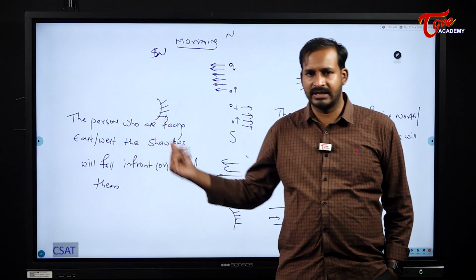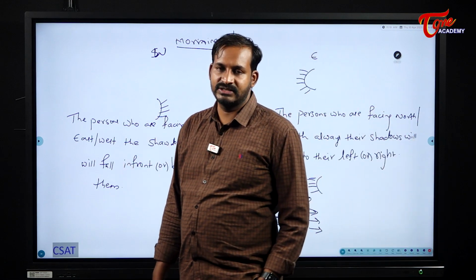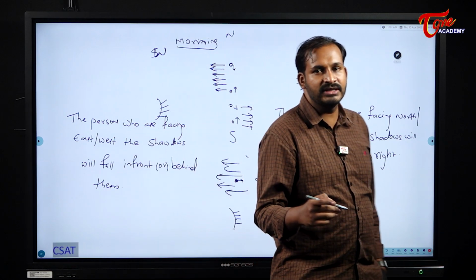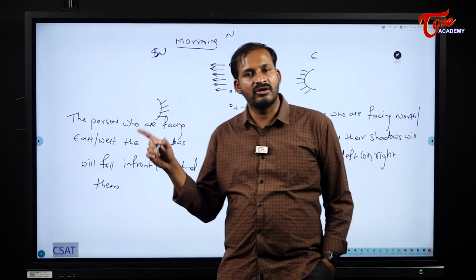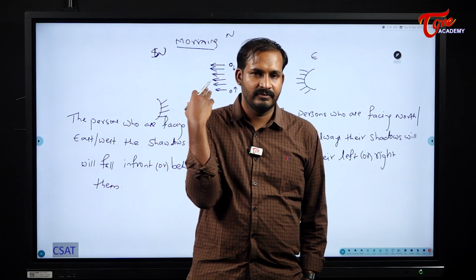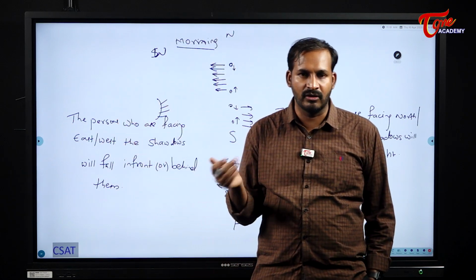And in the similar case, if the shadows of the person are falling in front of him or behind him, obviously he should face either east or west. Then only the shadows will fall in front of him or behind him, irrespective of time of the day, whether it is morning or evening.